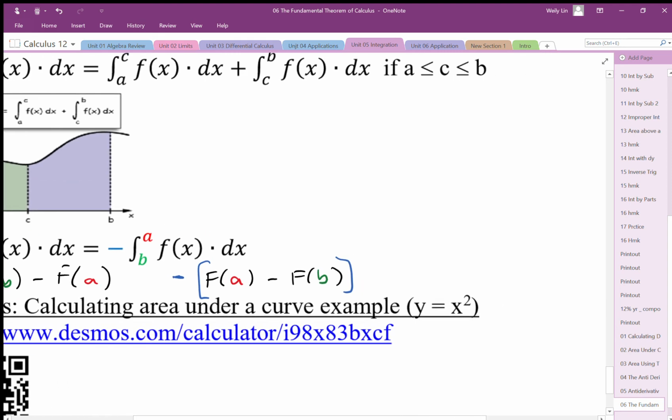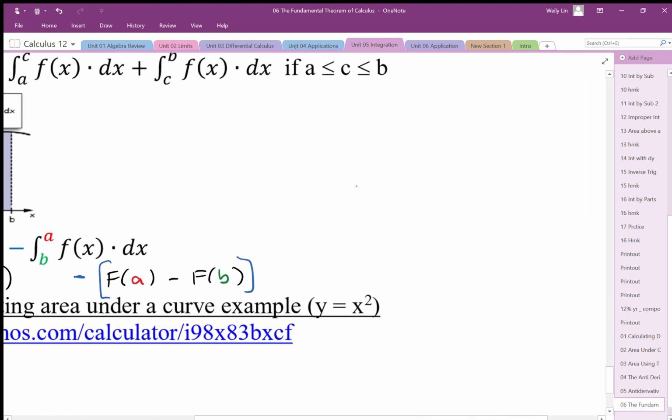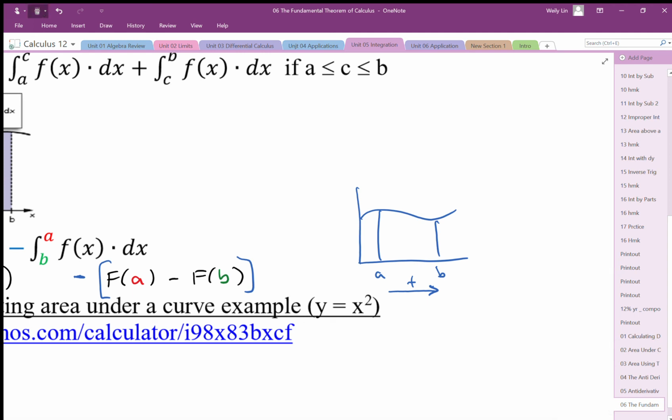Where this also shows up is this. Okay, now this is a little bit harder to understand, but if I go from A to B, if I go in this direction, my area above the curve is positive. If I go from B to A, if I go in this direction, that area ends up being negative.